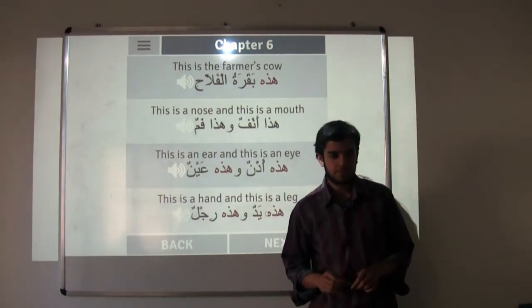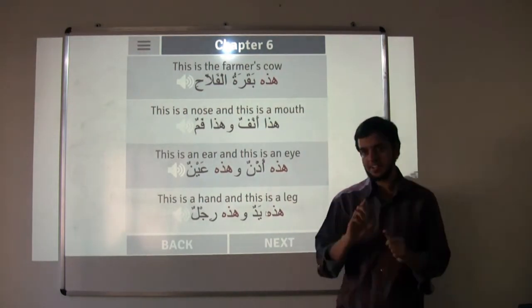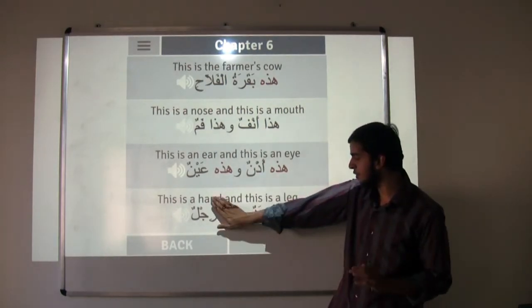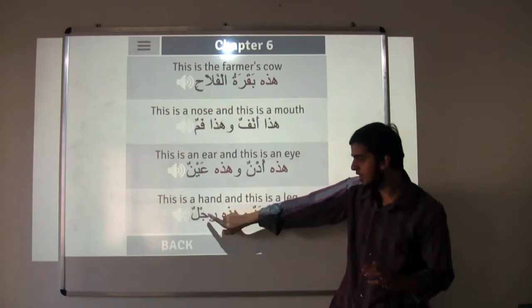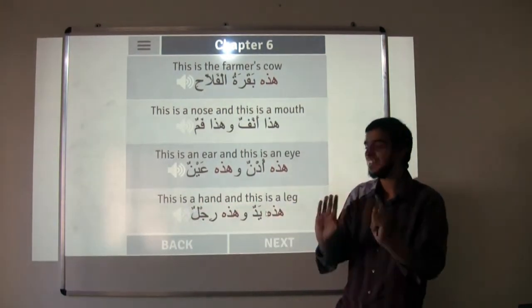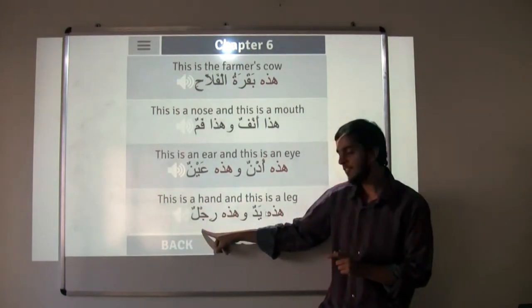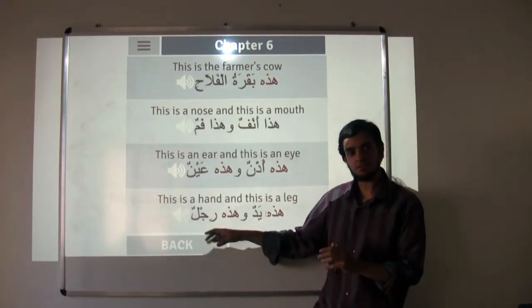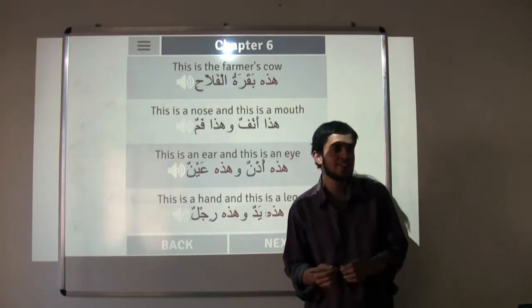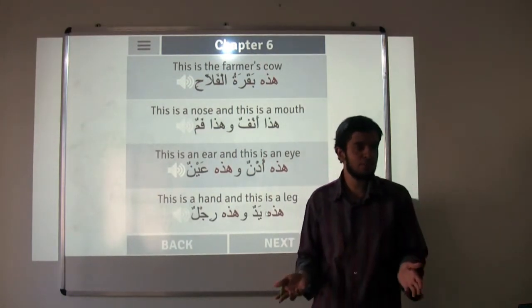Both refer to the same thing. Imagine we only have this particular word without the vowel signs. What would you read it as? Rajulun or rijlun. You can say it both ways.